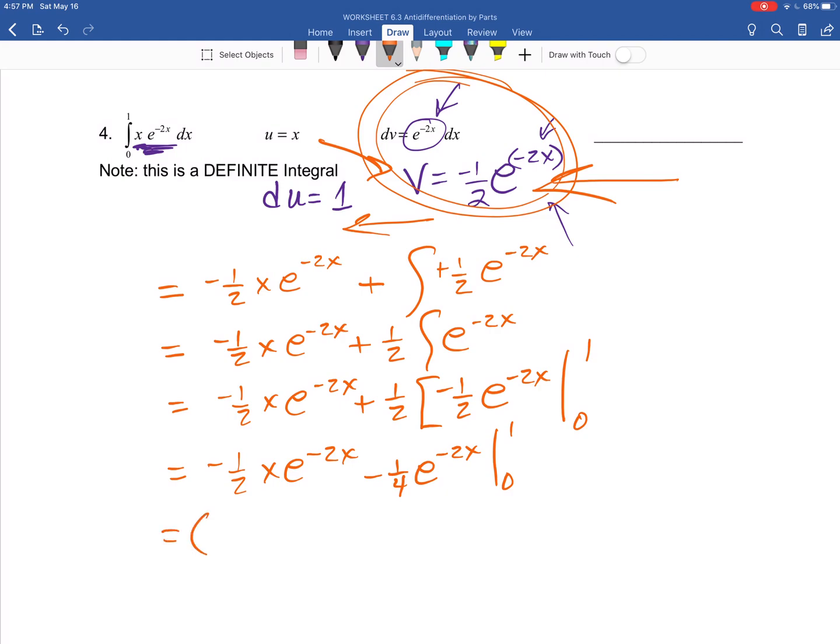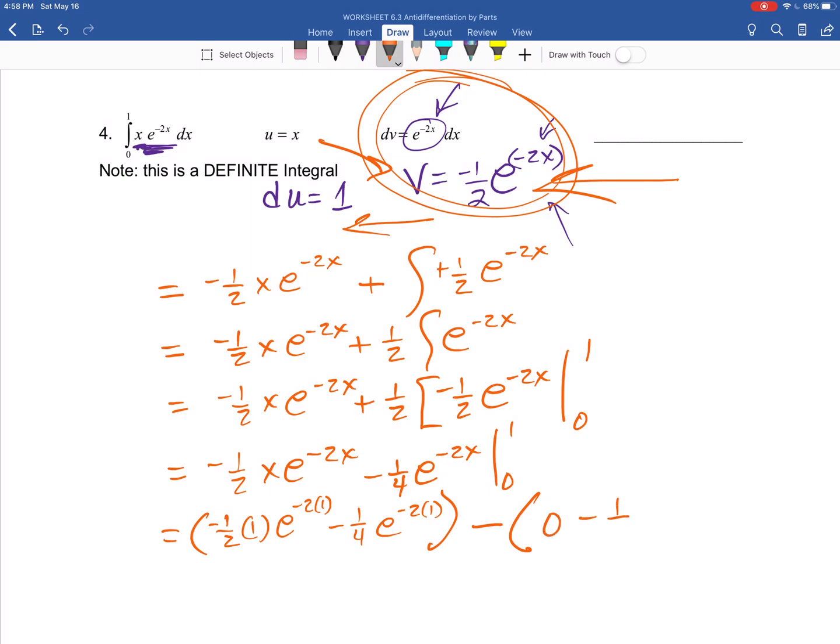Okay, here it is. Plug the 1 in first. Negative 1/2 x. Oop, that's going to be a 1. There we go. 1 e to the negative 2 times 1 minus 1/4 e to the negative 2 times 1. Good. Minus. Okay, plug this one, 0 in there. That's a 0.